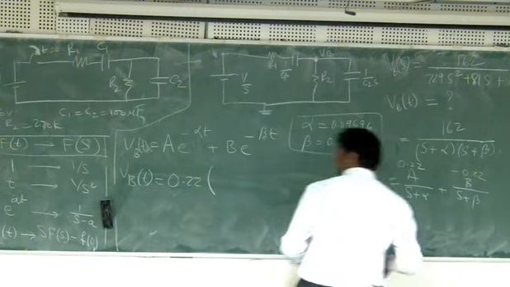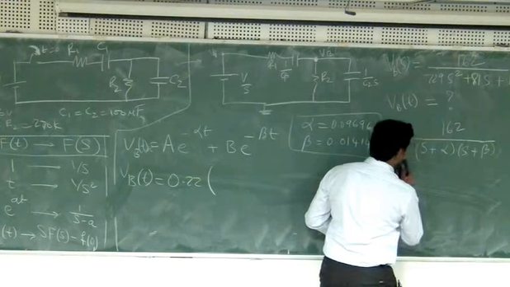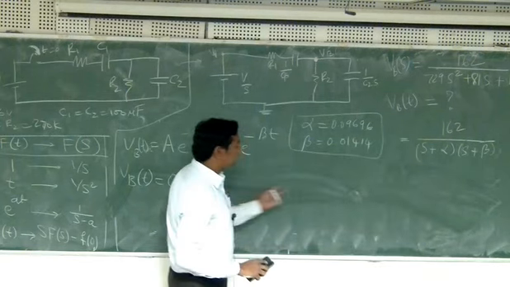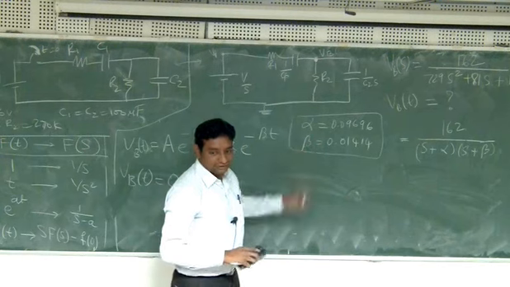So for those who like to know the procedure, we solved up to here. Just now I have written down the roots of the quadratic equation, found alpha and beta. Then what is the next step?